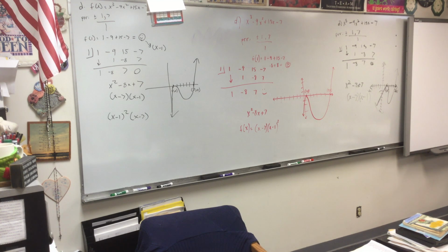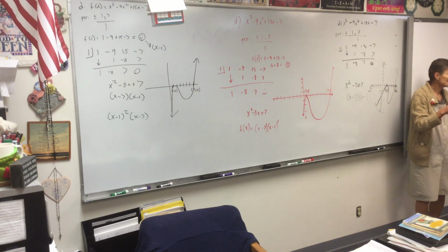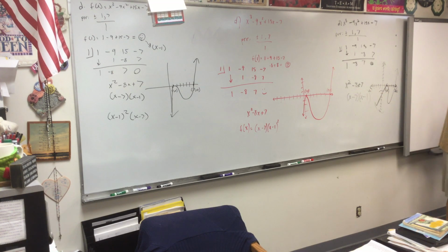Now, everybody on this end started with 1. Does it make any difference which one you start with? No, and in this case, they both work. But notice that when they divided out their 7, they got this quadratic. And when they divided out their 1, they got this quadratic. So you get a different quadratic depending on what number you divided out. But when you factor it, put it all together, you end up with exactly the same answer.